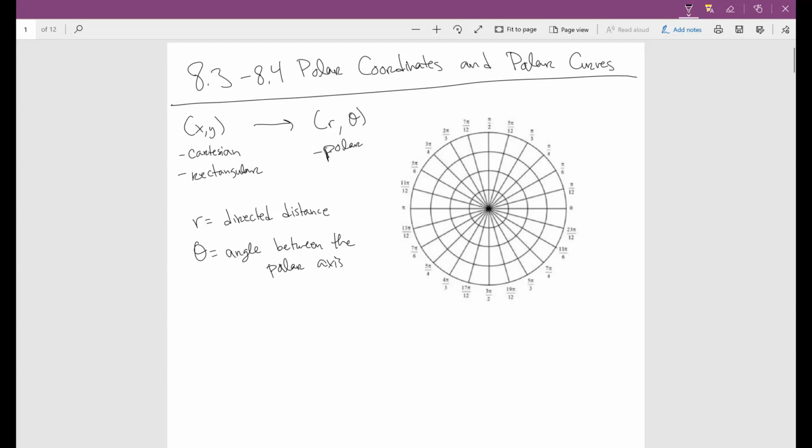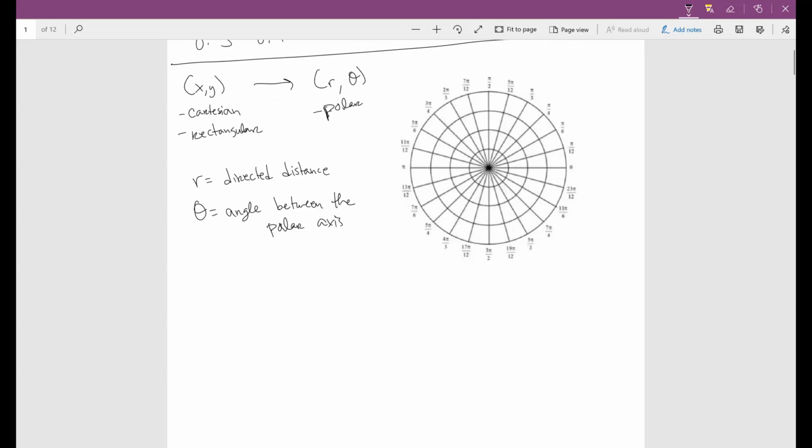So I gave you an example of what this looks like, right here on this side, but let me give you a glimpse of how to draw this. This little dot here is what we're going to call the pole. This line, which is going towards the positive x-axis, is what we call the polar axis.